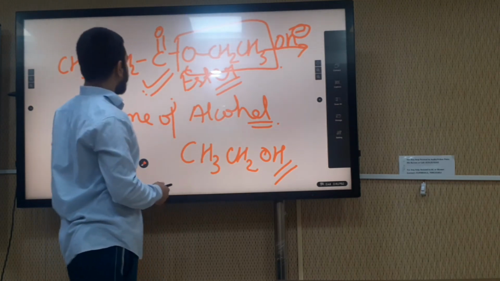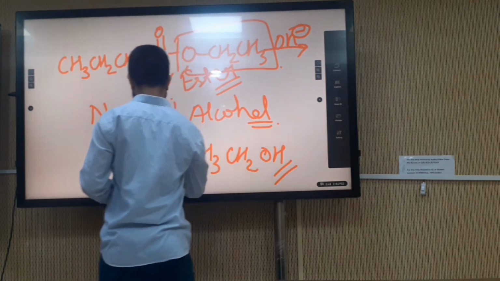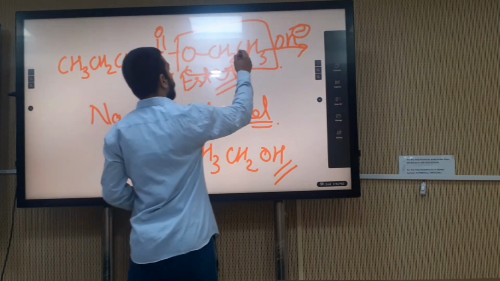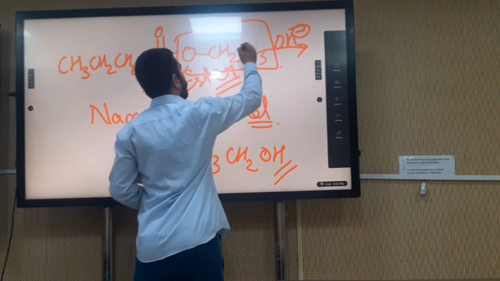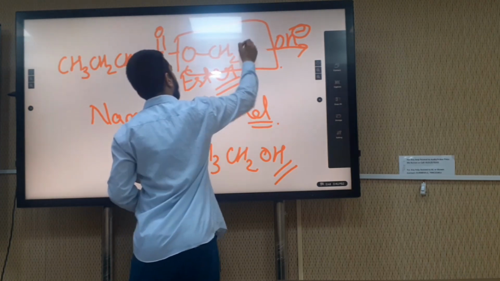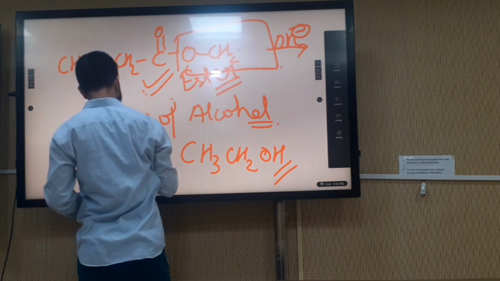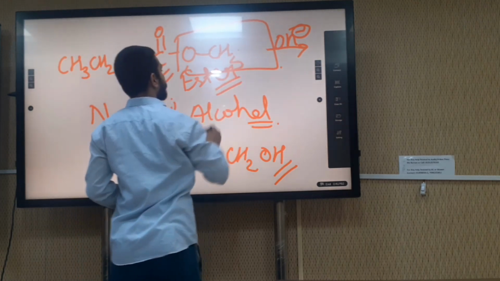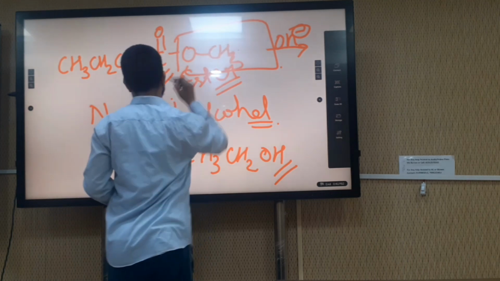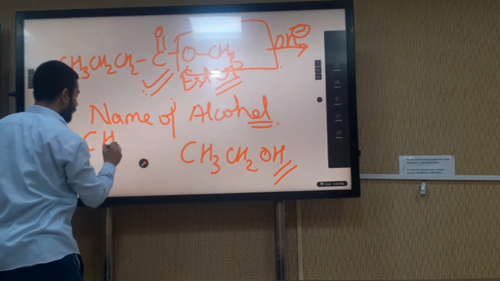Suppose the question is like this, with this structure ending in CH3. Which alcohol will be formed now? CH3OH. Now the alcohol will be methanol.